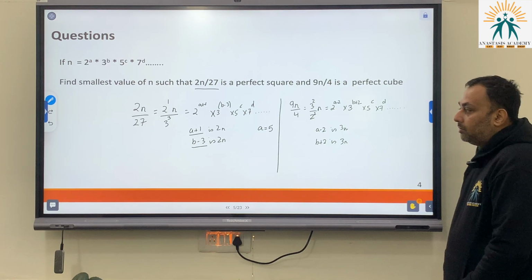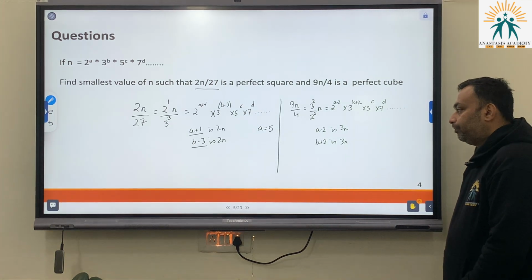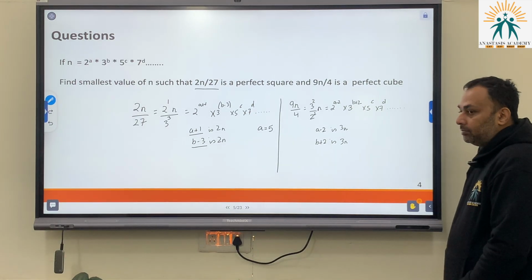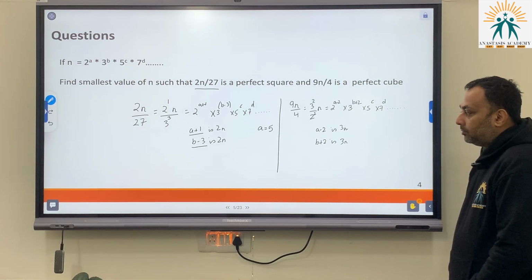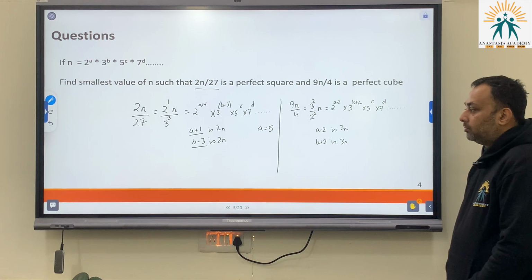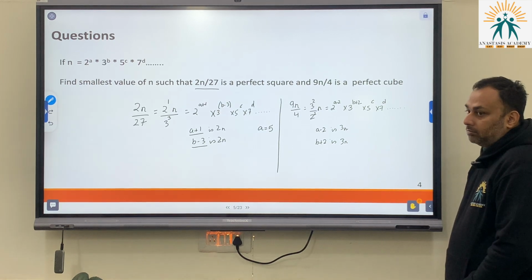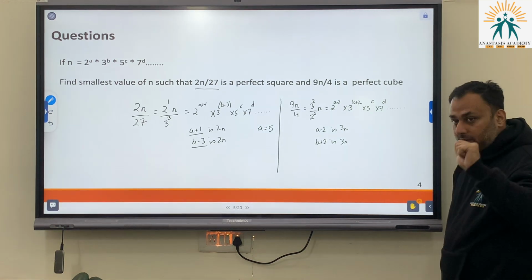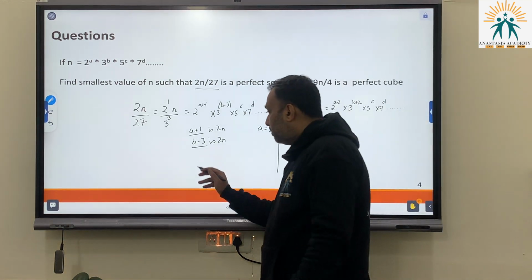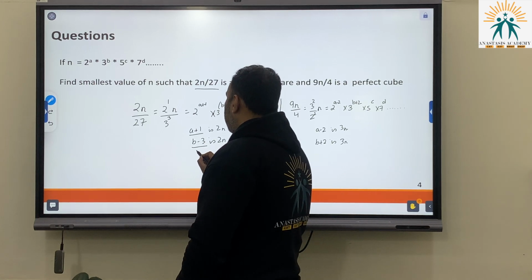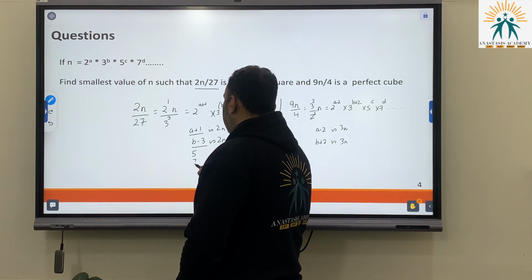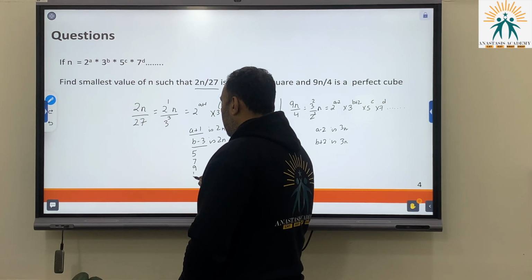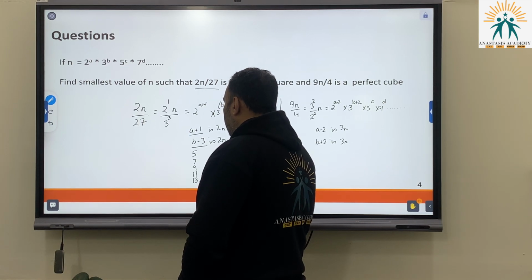What number would this be? Let's start looking, very simply. B's possible values here would be 5, 7, 9, 11, 13 and so on.